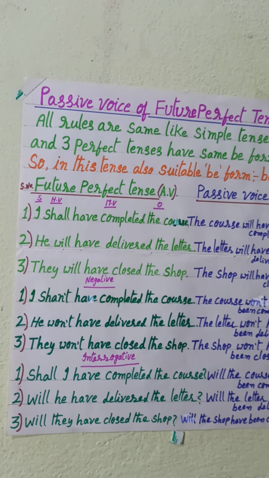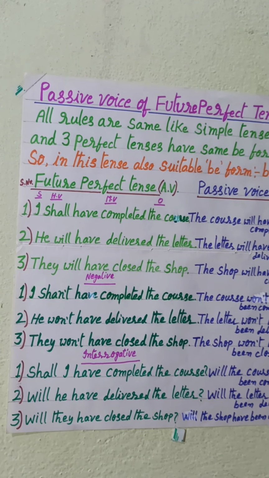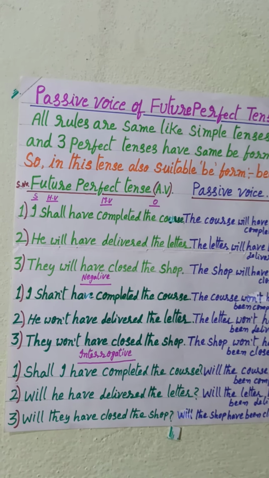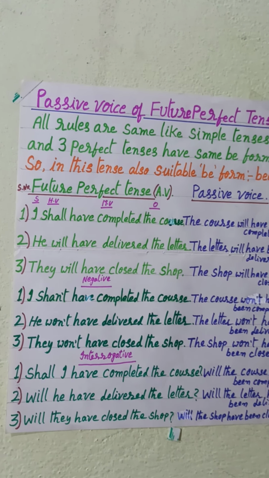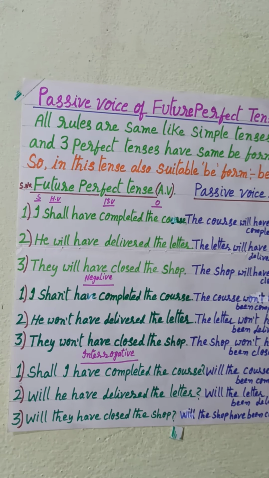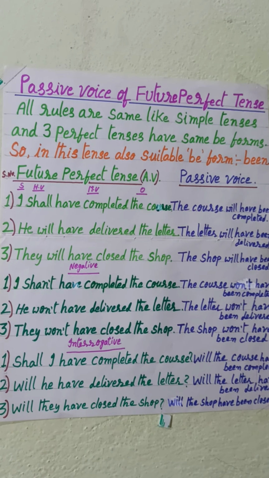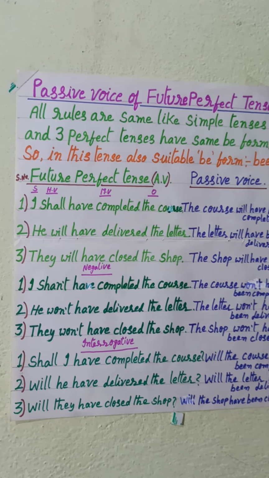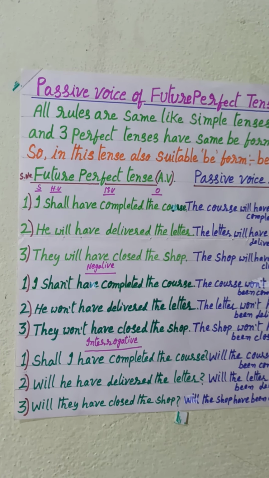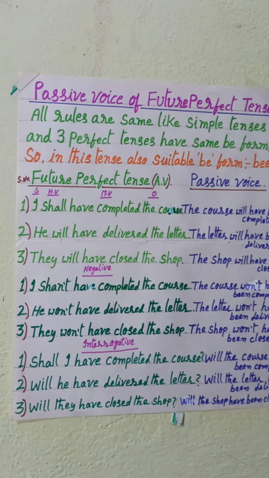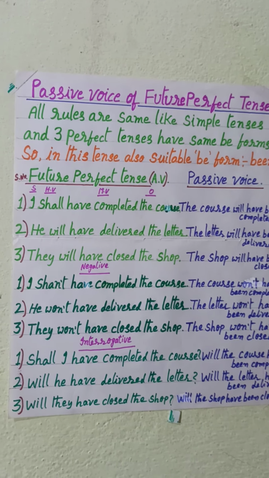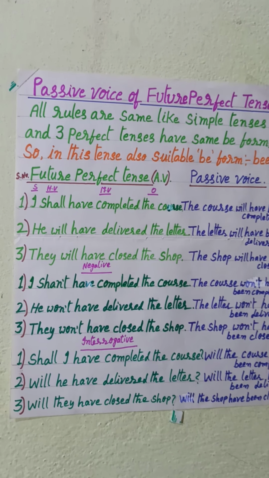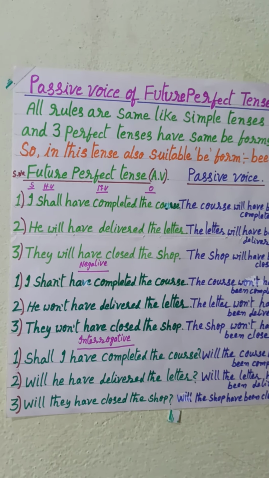If we want to change to an interrogative sentence, we write the helping verb before the subject in the passive voice and active voice, and add a question mark at the end of the sentence.